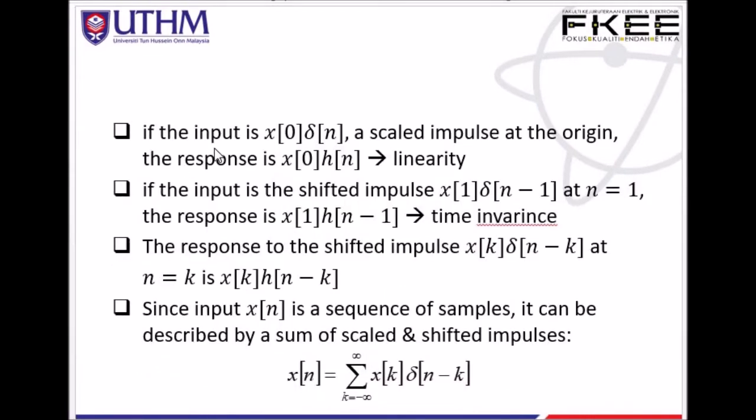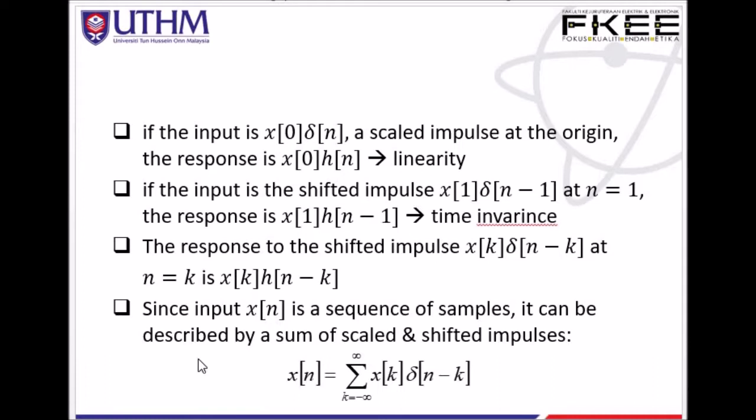If the input is x0 delta[n], a scaled impulse at the origin, the response is x0 h[n]. This is what I showed you just now. We name it linearity. And then if the input is a shifted impulse, x1 delta[n minus 1], in which n is at 1, the response is x1 h[n minus 1].